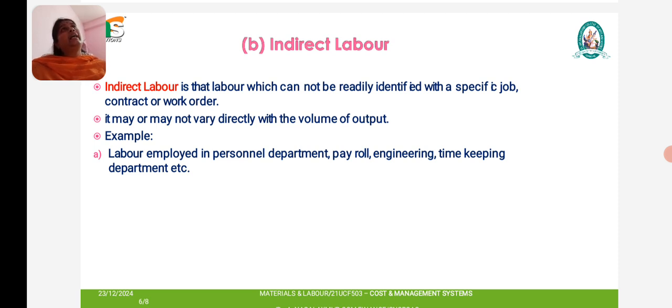Other than the production department, employees will be working in other departments. They will not be directly involved in manufacturing, but they also work for the organization. So they are all said to be indirect labor.